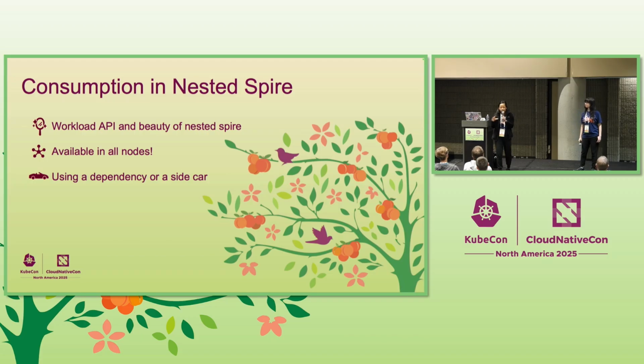If you remember that downstream agent, that is now made available across all our nodes regardless of the node pool, making the workload API more available to the workloads that truly need their SVIDs. So +1, HA.